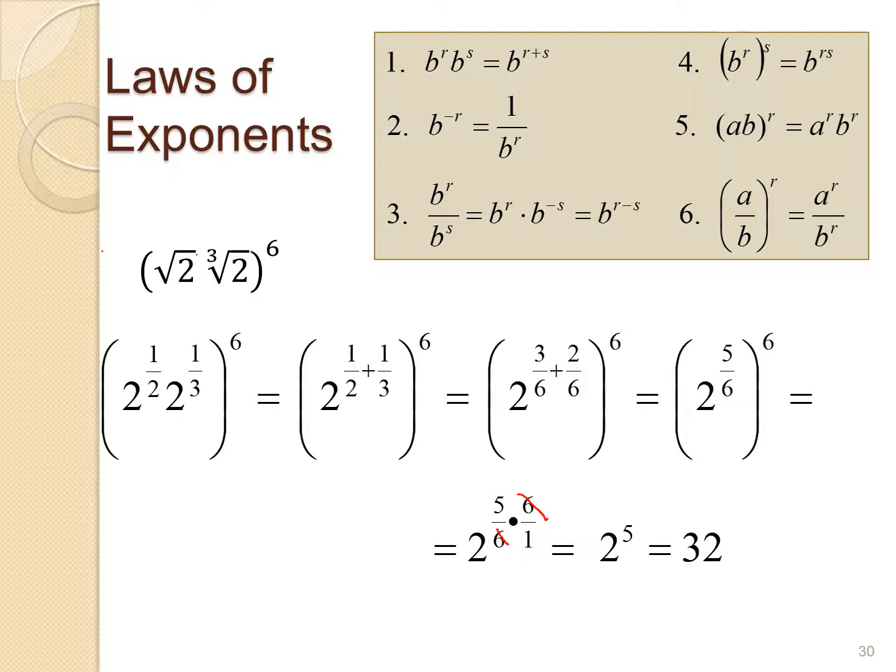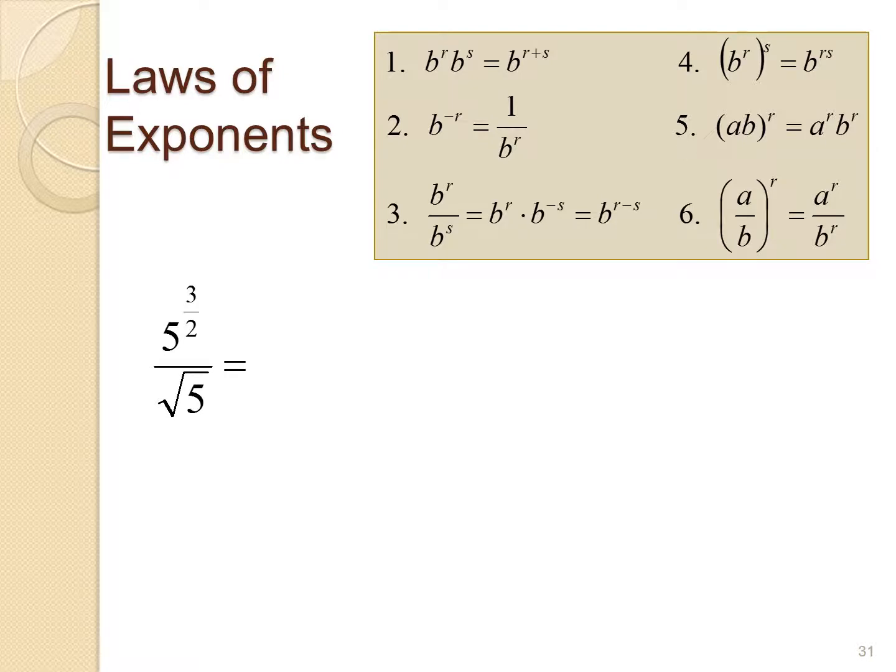That's 2 to the first over the square root of 2. And this becomes 2 to the 1/3. It's 2 to the first divided by the 3. So now it's in a form that we can manipulate and get 32 as the answer, versus it would be really difficult to do this way. So sometimes using these laws makes things simple that would otherwise be complex.